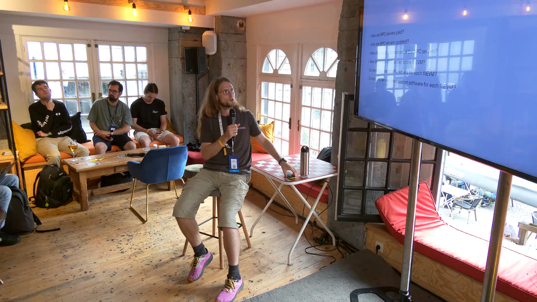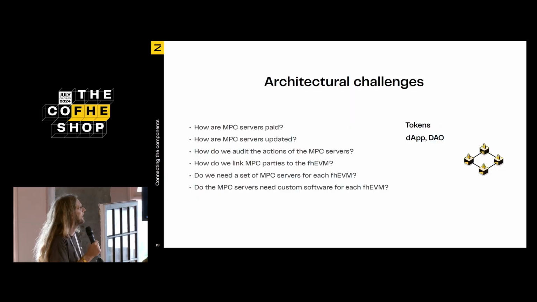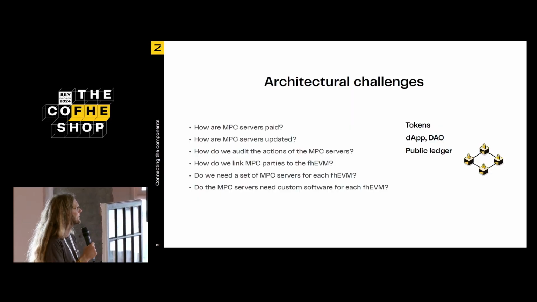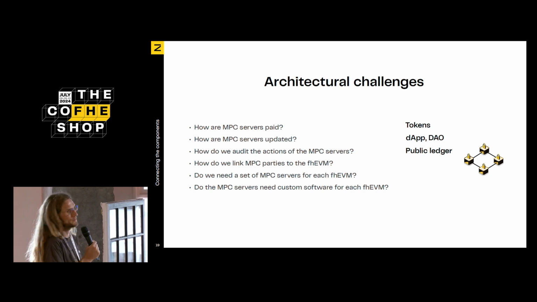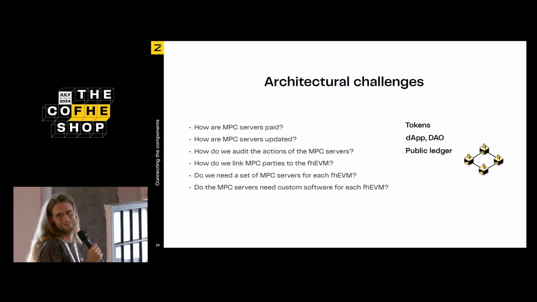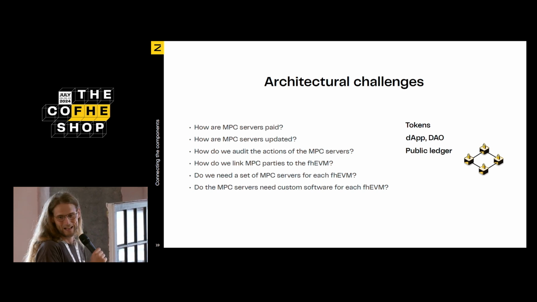Yeah, so a lot of good questions. Diving a bit into it, it basically turns out that a blockchain is almost the answer to everything. Payment you can handle through tokens, if you embed a blockchain into this. Management you can handle through a dApp or a DAO on it. The auditability of the actions of the servers becomes a public ledger, an incorruptible, append-only ledger of logs.